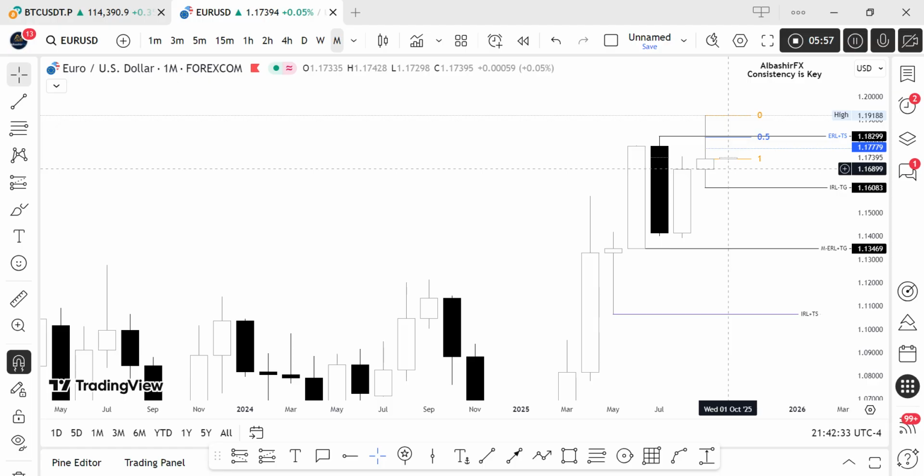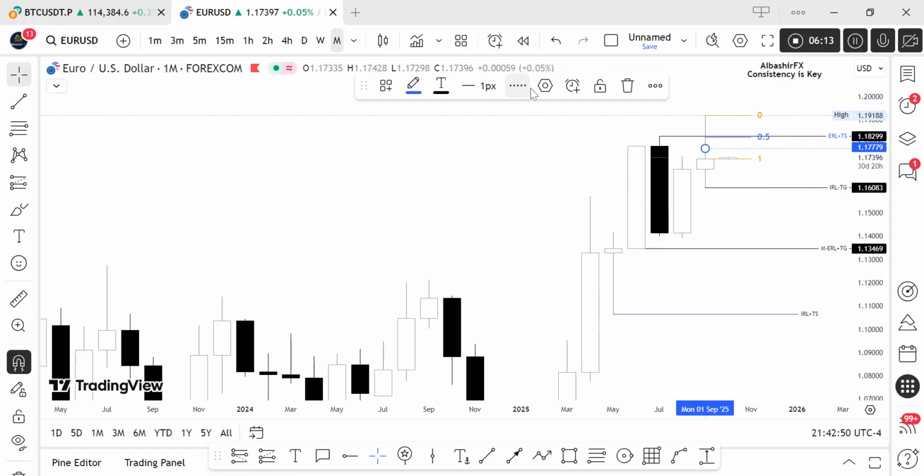And now what are we anticipating? Every candle usually has a wick above and a wick below. If we are going to have any form of smaller wick above, we should see price next week above this particular line. So let me make it thick.